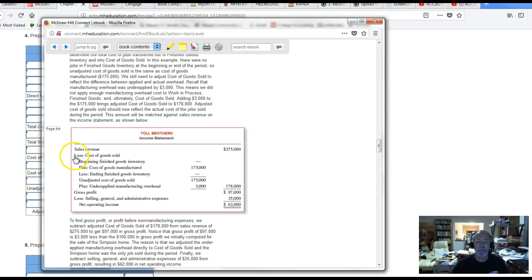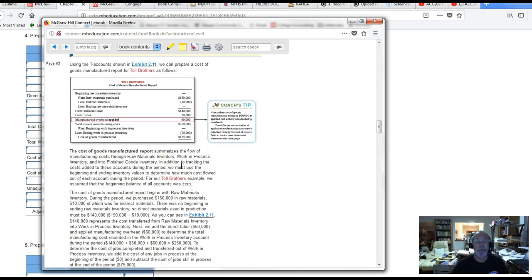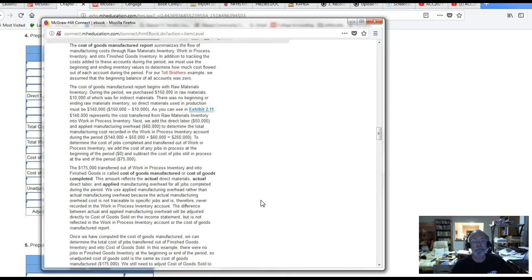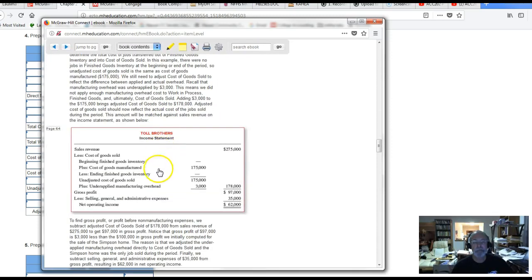I think one difference between the example shown in the text here on page 63 and 64 and the way the problem is asking for that material to be presented is that in the text, the statement of cost of goods manufactured ends with the total of cost of goods manufactured, and the income statement includes the information showing the finished goods inventory.